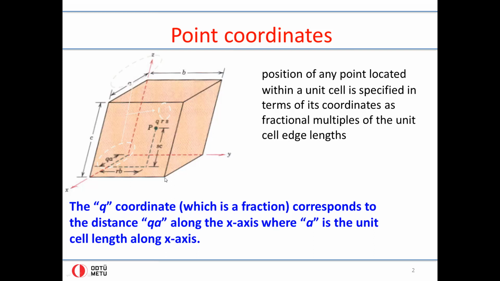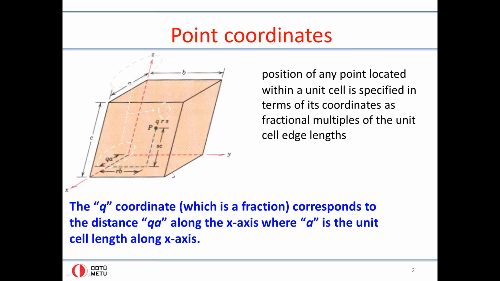Now, this point here would have a value of Q as 1, a multiple of the side length A, a value of R equals 1, and a value of S equals 0, because this position doesn't have any height, it's at Z equals 0. So then this point would have the indices 1, 1, 1.